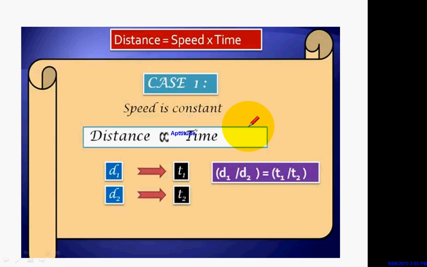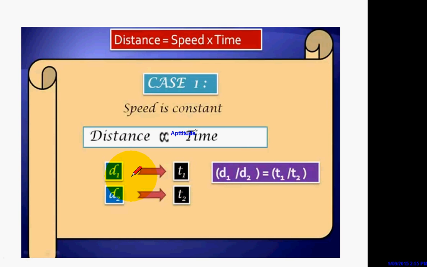So in case 1, we assume that the speed is constant. The remaining variables are d1, which is the distance of the first train, and t1, which is the time taken by the first train. d2 is the distance traveled by the second object or second train, and t2 is the time taken by it. So here the distance is directly proportional to the time taken. So how can we compare the ratios?